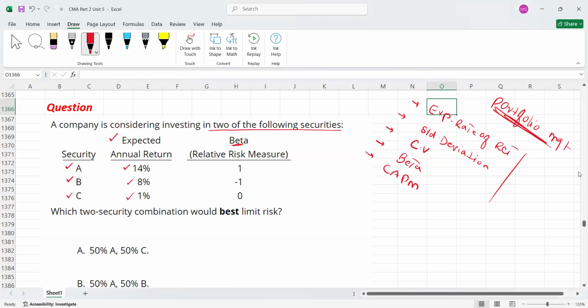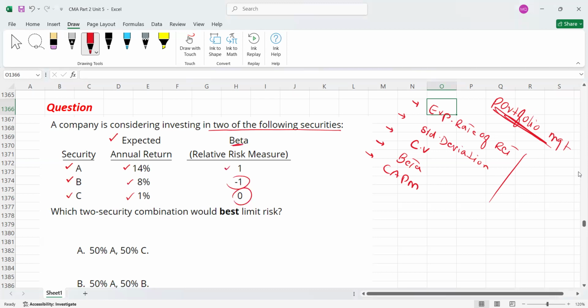Beta, I told you last time, always measures the risk of an individual security as compared to the market. Here we have a beta of 1 for security A, a beta of minus 1 for security B, and for security C there is a 0.